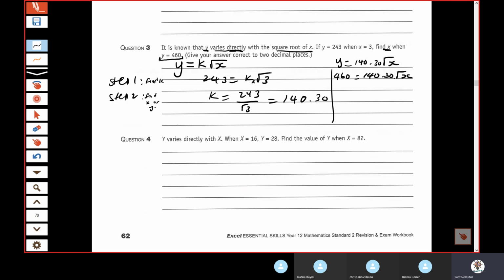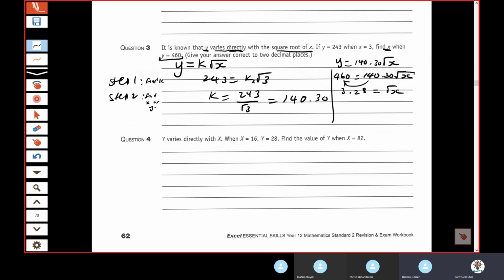All right. Remember your golden rules of solving equations. Leave what is attached to the x last. So we're going to leave that square root last. Yeah. To get rid of the 140, get rid of the 140. So 460 divided by that. 460 divided by 140.30 is 3.28, something like that.